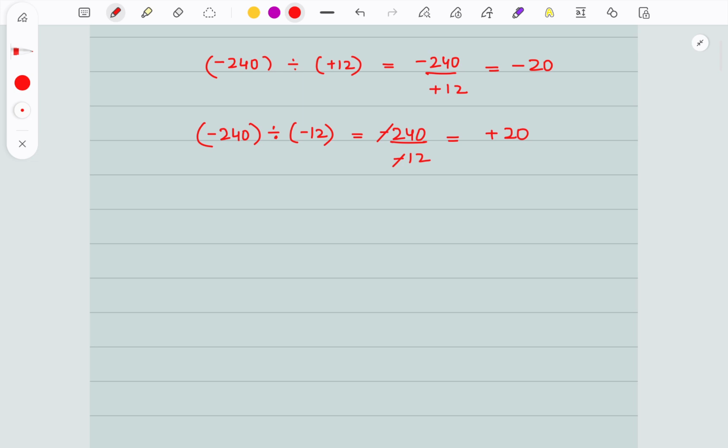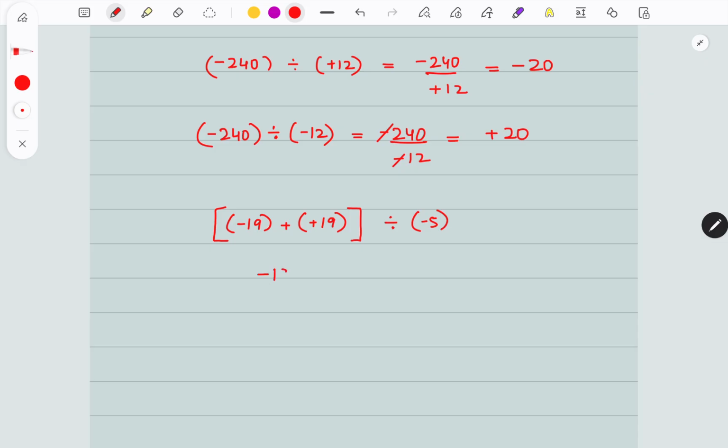Now let's take one more example to gain more clarity. We will take minus 19 plus 19 in square brackets divided by minus 5. What does it give us?